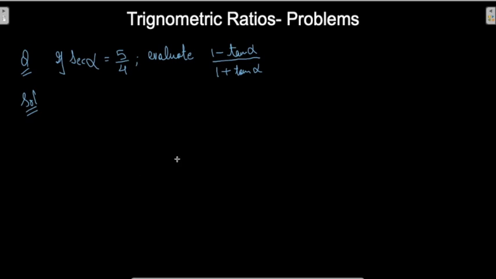So there are multiple ways you can look at it. What we are going to do is the first way, whereby we'll first find the value of all three sides, and we'll find the value of tan alpha. Once we find the value of tan alpha, we'll put that value in this expression. First thing first, let's draw a right triangle.